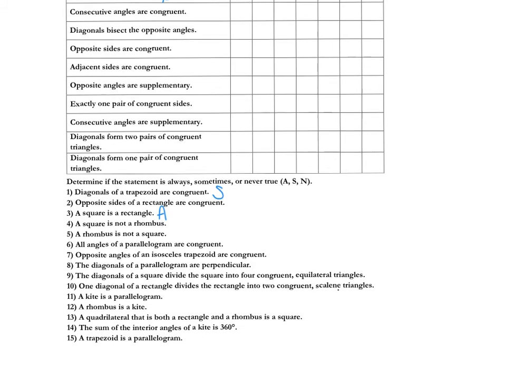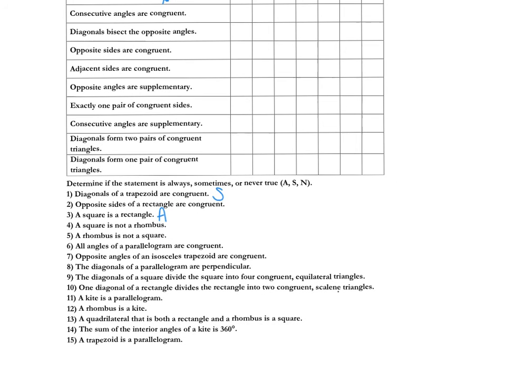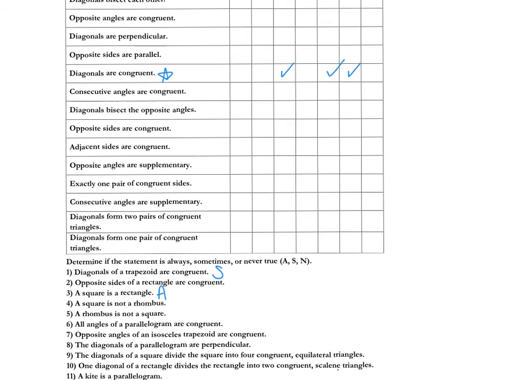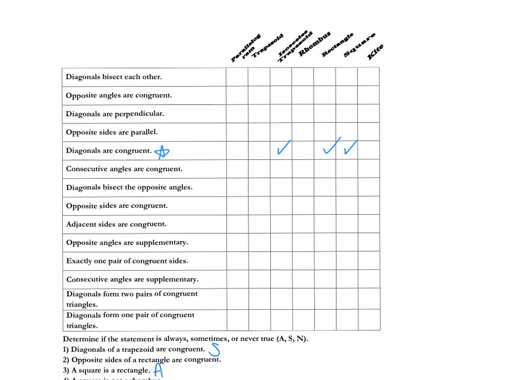So let's take a look at number 8. It says the diagonals of a parallelogram are perpendicular. So let's go ahead and find that one, which is right here. So diagonals are perpendicular. That happens in a rhombus, a square, and a kite.